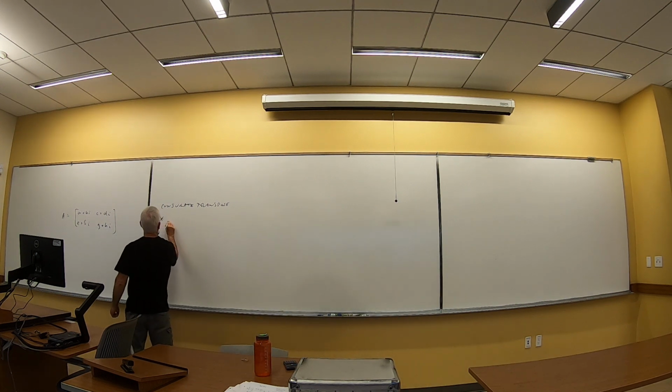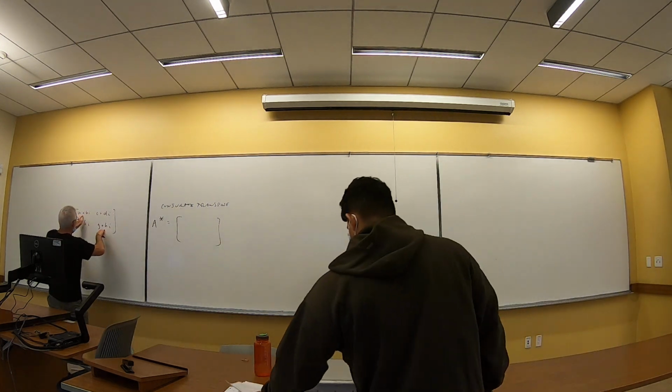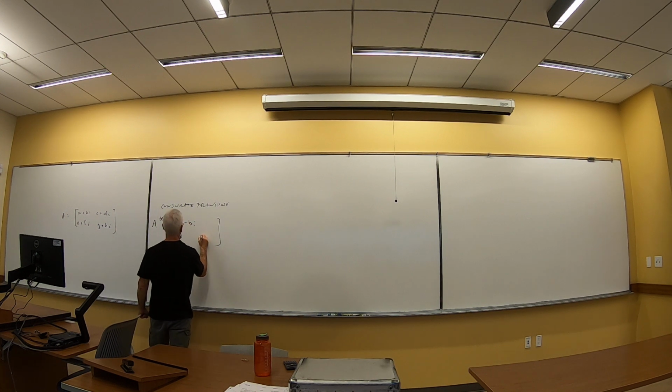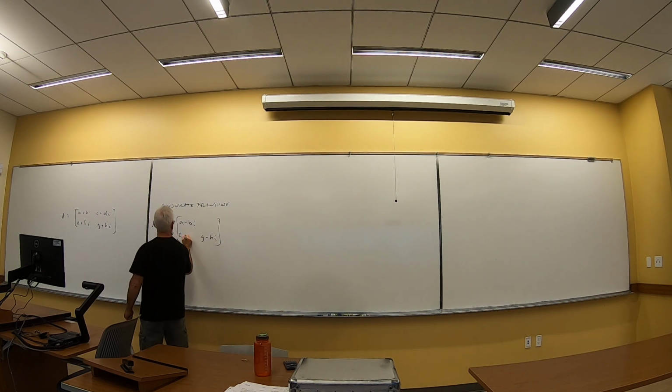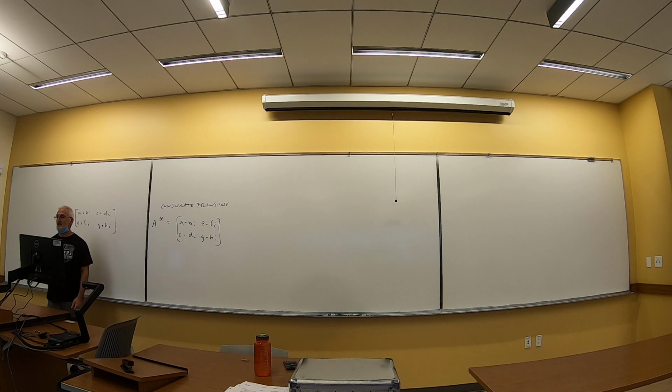So what A star would be, it's the conjugate transpose. So the diagonal entries, I would clearly have these, and then the non-diagonal entries, to make the transpose, I have to move things. But these are also the conjugates. So this would be called the conjugate transpose.